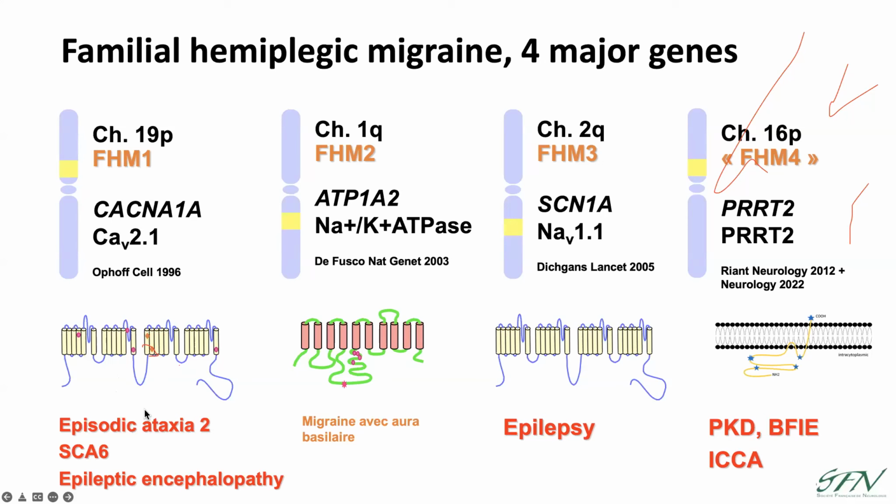And that means that a part of the clinical phenotype is explained by the mutation. However, when I examine a patient and I ask questions to someone who is affected by familial hemiplegic migraine, I cannot determine from the clinical features of hemiplegic migraine attacks if it's going to be a mutation in the calcium channel gene or in the sodium channel gene or in the other genes.